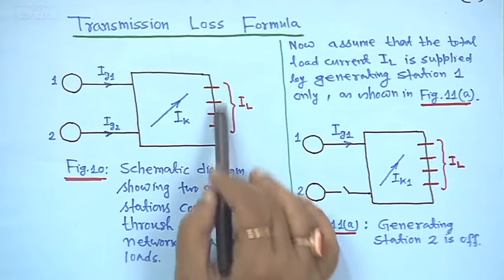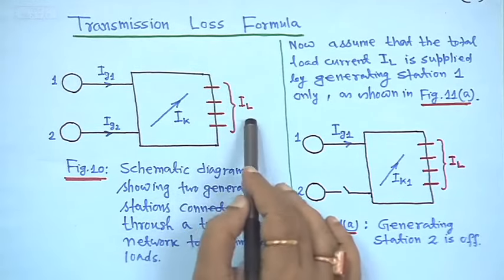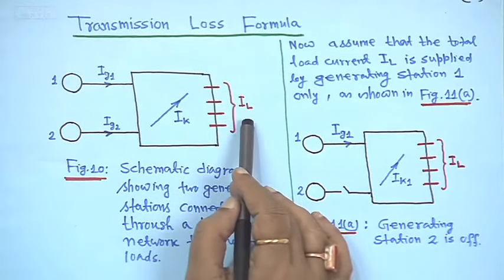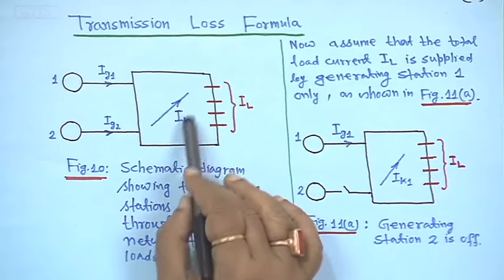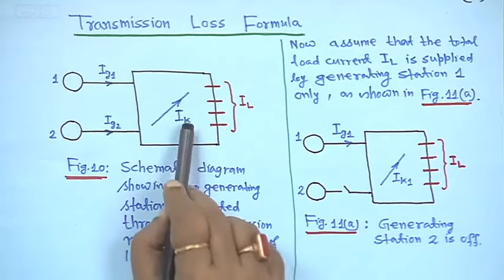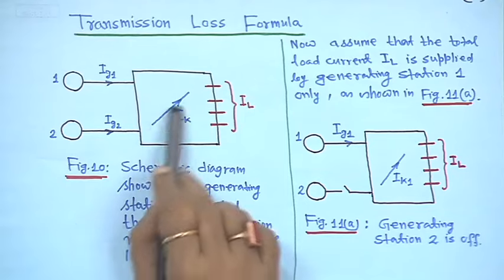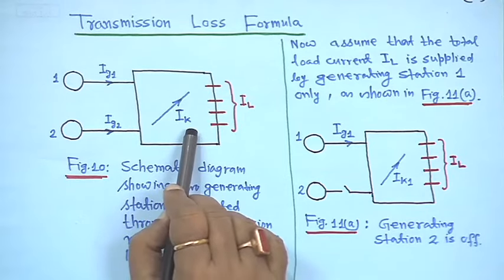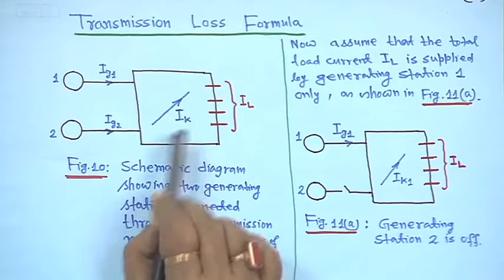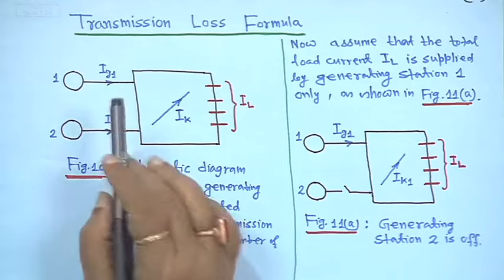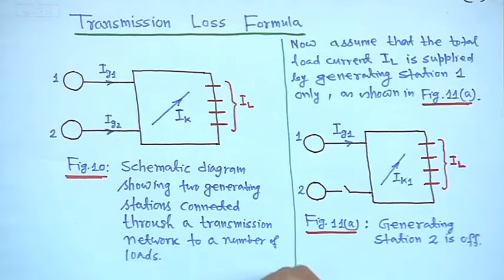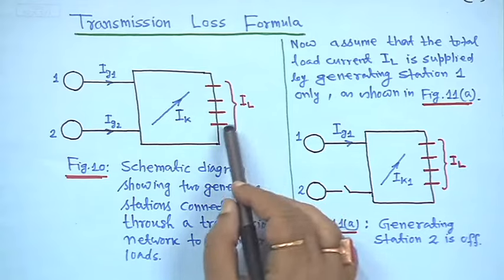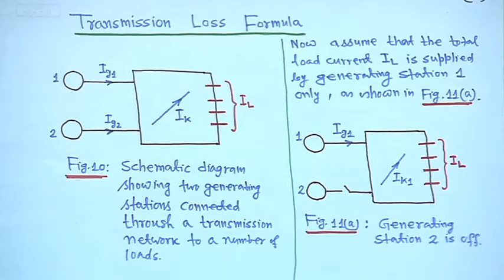There are so many bus bars. Schematically we are representing the total load current, say IL, and one particular branch, say the kth branch, and the current through that branch is IK. First we are assuming only two generators, after that we will generalize that, but to get this transmission loss formula we have to make a few assumptions that will come later.